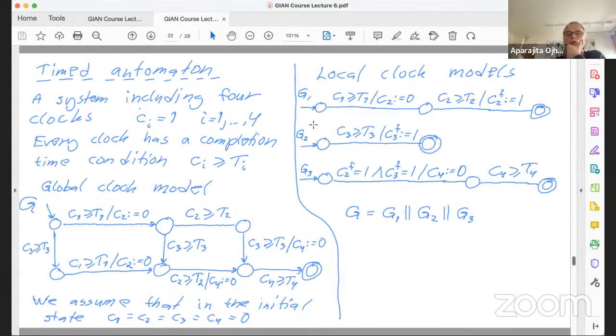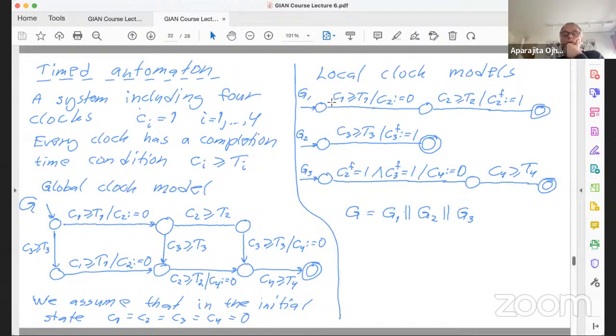So we could say that the first one is that G1 should have an operation which takes at least a time unit T1. And it has a second operation that takes at least a time unit T2.